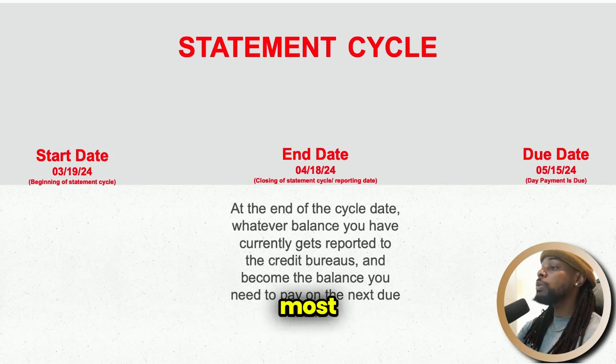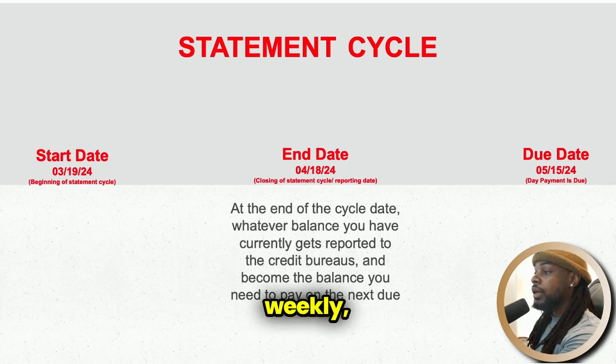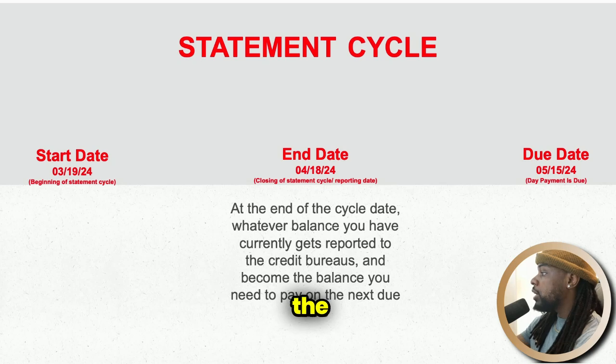again, most people are afraid of interest. If you understand how your statement cycle date works, you'll never pay interest. Anything that you spend between March 19th and April 18th is not due until May 15th. And if you have $200 or less, if you make your payment weekly, it always goes to the previous balance first.